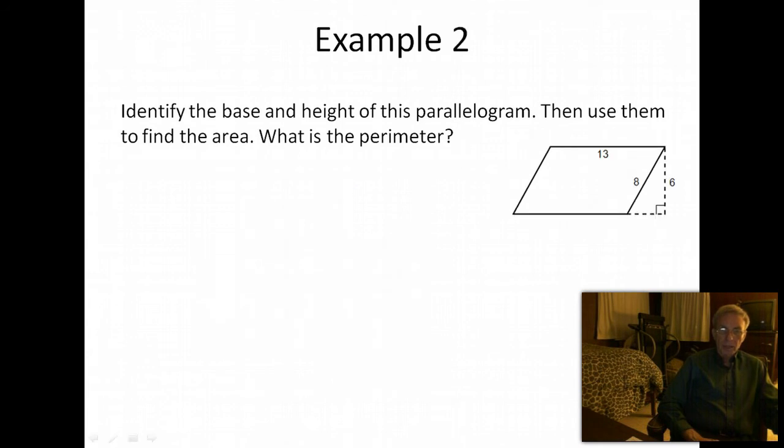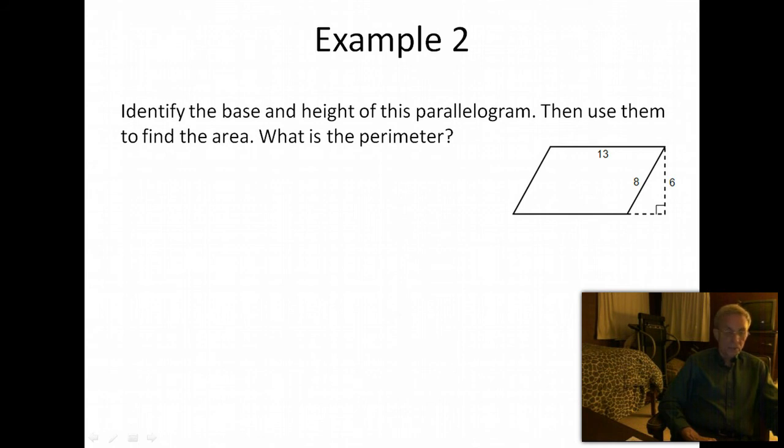Okay, example 2 is very similar. Once again, they want us to identify the base and height of the parallelogram, then use them to find the area. And then they want to know what the perimeter is. So once again, we look at our diagram. In this case, the 6 is measured outside the parallelogram, but both of those are dotted lines, so they do not change the dimensions of the base, but it does give us the height, which is going to be 6.